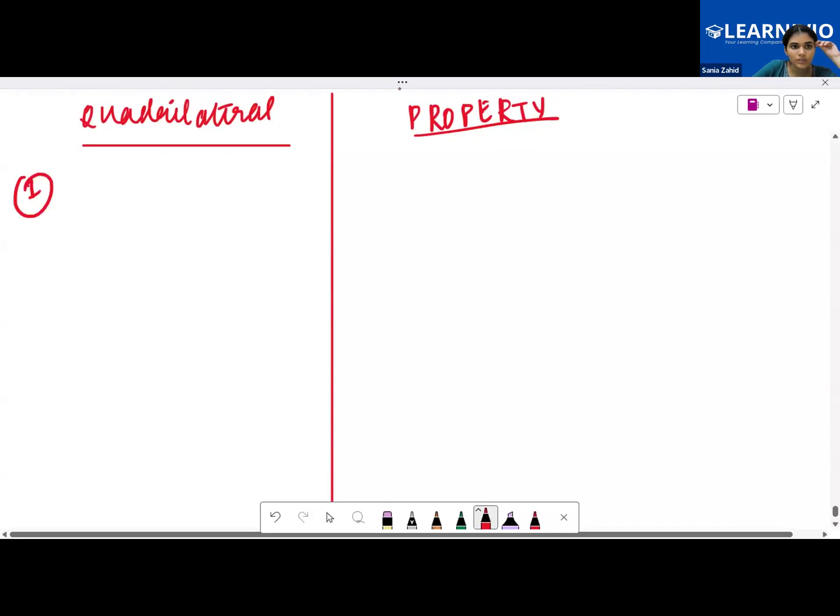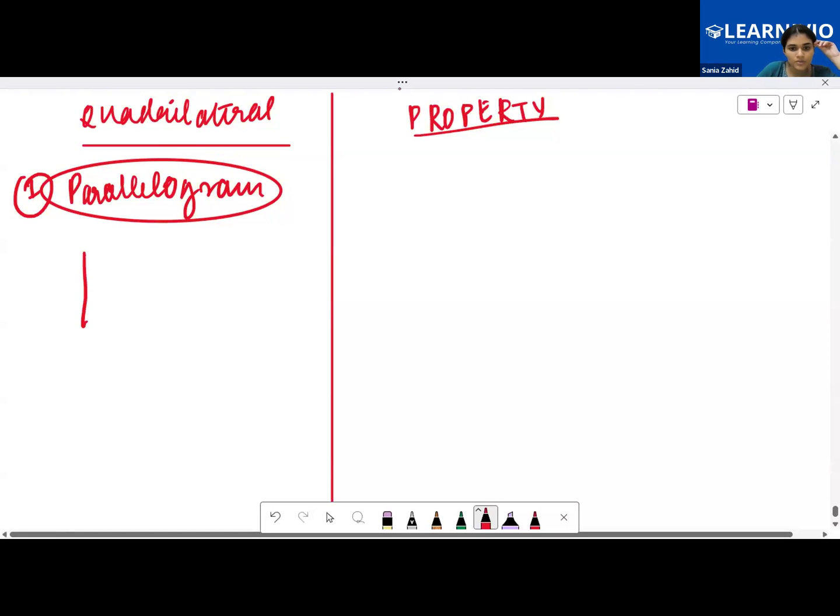So the first one is a parallelogram. What does a parallelogram look like? Looks like this.